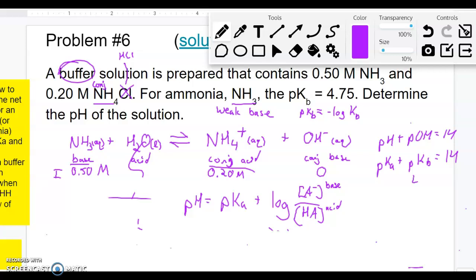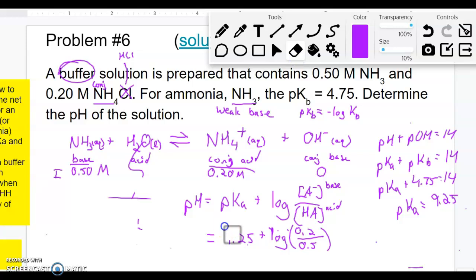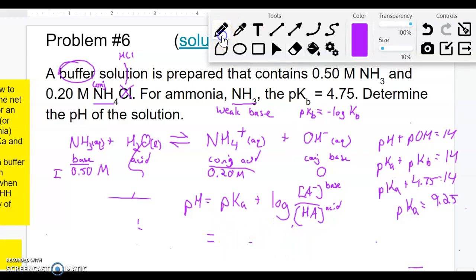So if I know that this is 4.75, I can figure out what the pKa is. And so the pKa is equal to 14 minus 4.75, we get 9.25. So now that I have my pKa, I can start putting that into my Henderson-Hasselbalch equation.